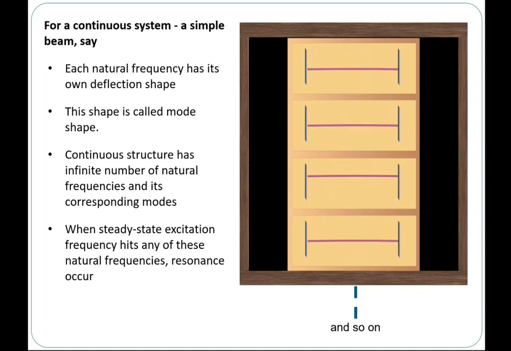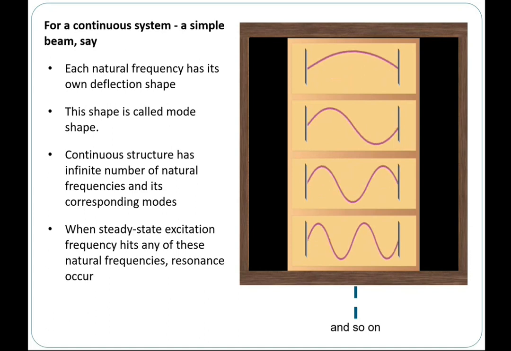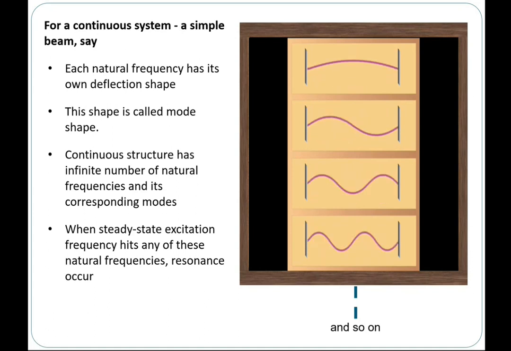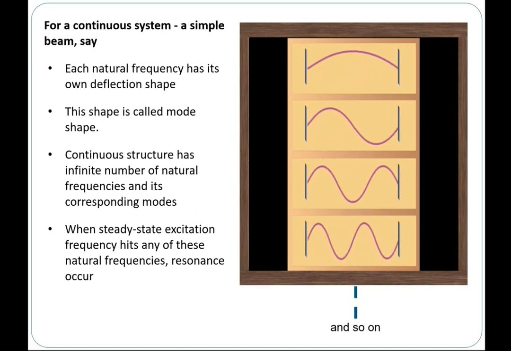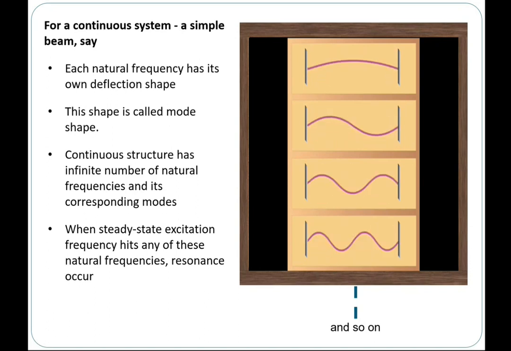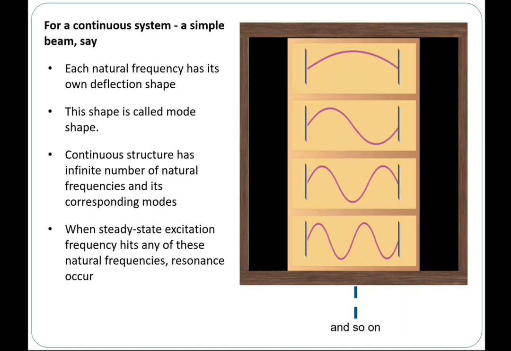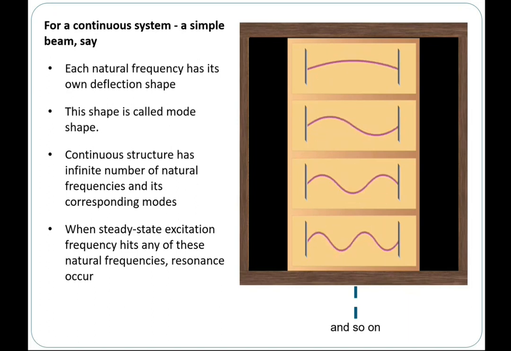But in an n degree of freedom or actual continuous system, you have an infinite number of natural frequencies. So you have infinite possibilities of the excitation frequency coinciding with natural frequencies.